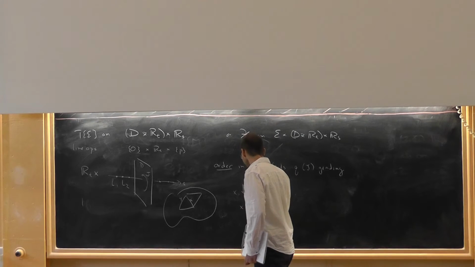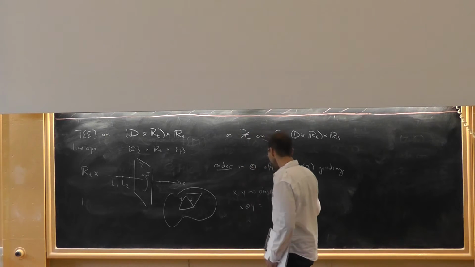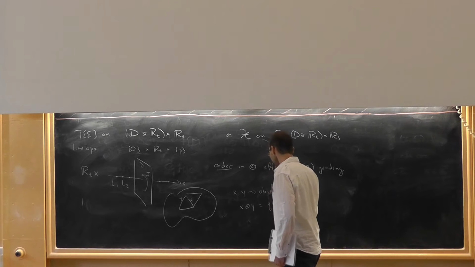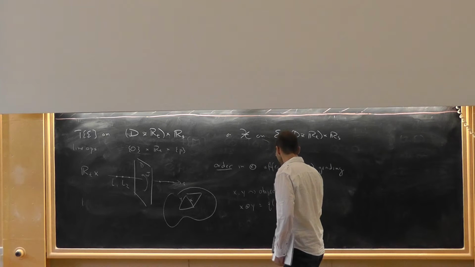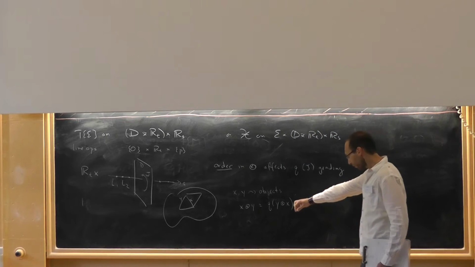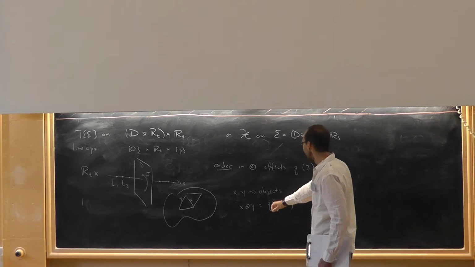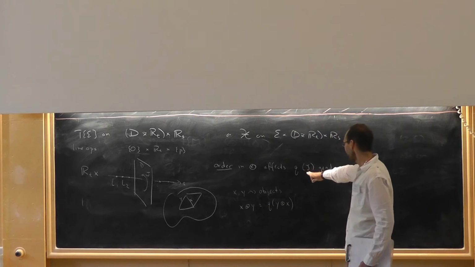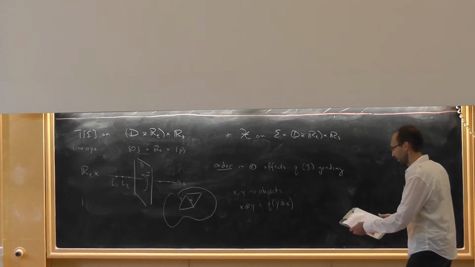And the tensor product of x and y is the same as q times the tensor product of y and x. Where putting a q out front means that I'm tensoring with a copy of C that has J grading 1.